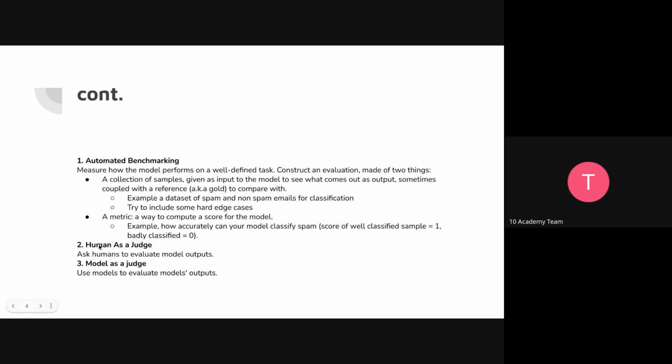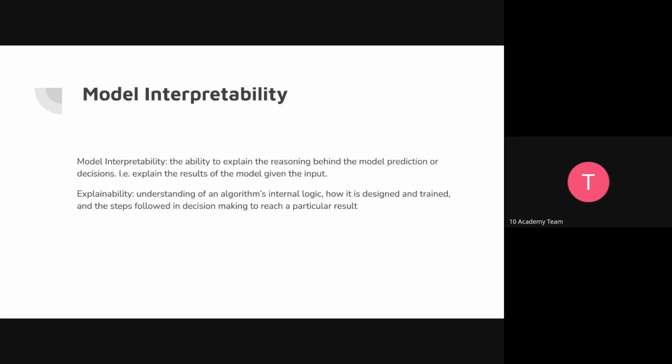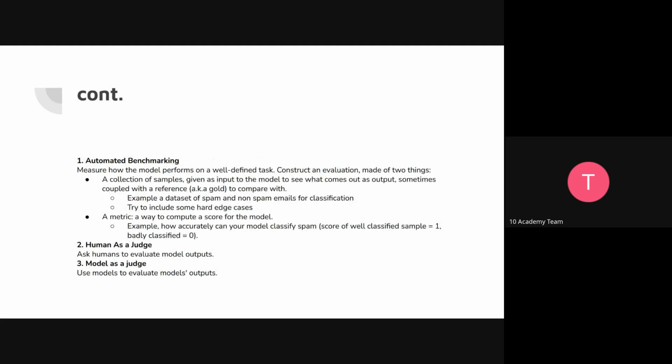There are human biases that can arise when you are using humans, while LLMs also have their own set of biases. So there are things to consider when using a judge. But for the case at hand, we're using automated benchmarking, which is just a normal evaluation for machine learning models. So this is for evaluation generally.